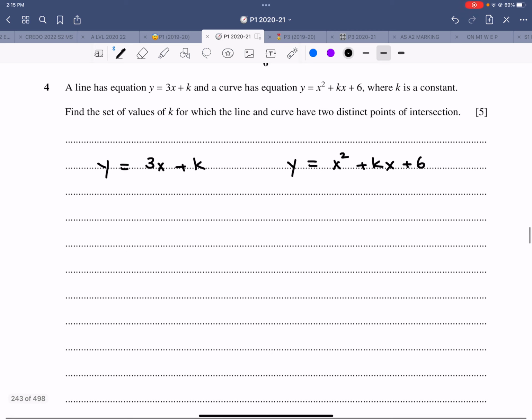Find the set of values of k. That means inequality. Remember, the words set of values mean that an inequality will be used, for which the line and the curve have two distinct points of intersection. In other words, b square minus 4ac is greater than 0.